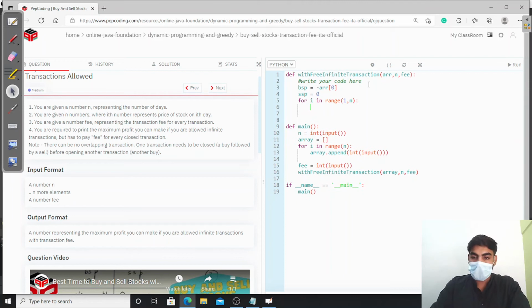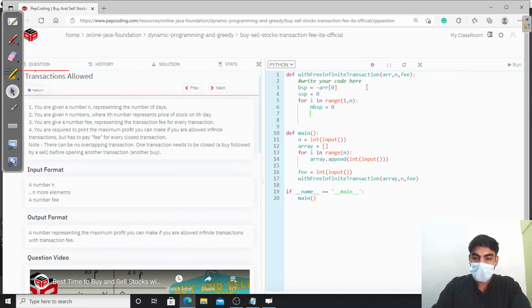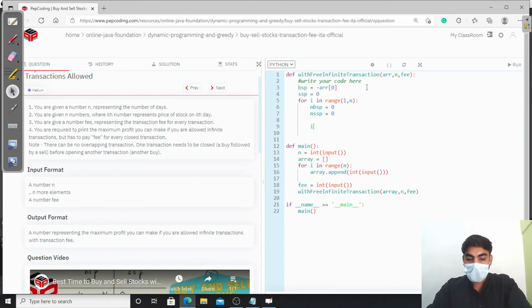Now you can see what I am doing here. I am creating a new buying state profit, initially 0, and a new selling state profit, which is also initially 0. Then here I am checking the condition.